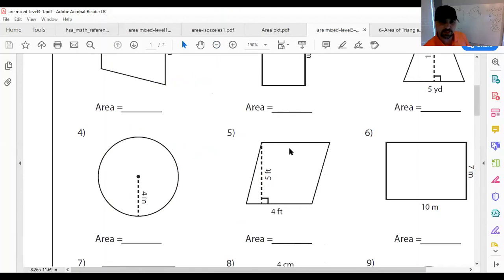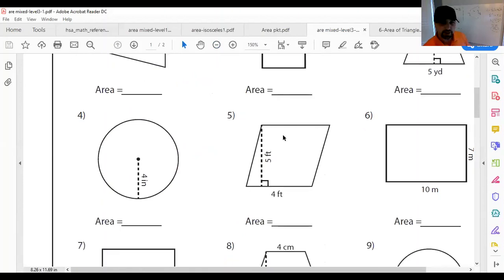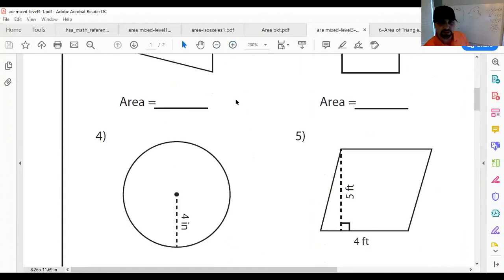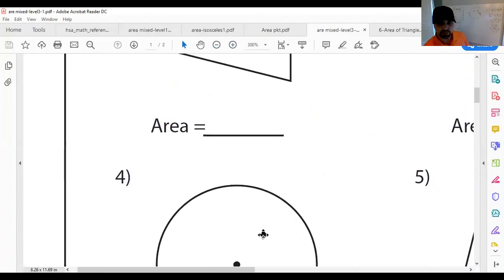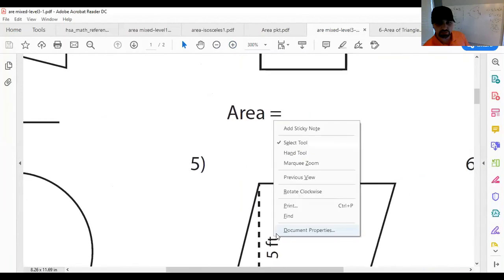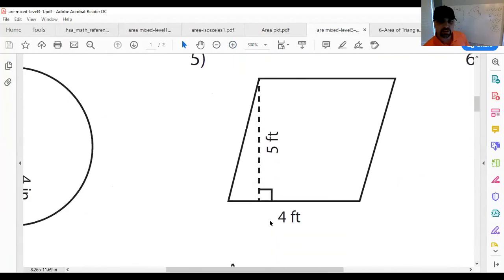Parallelogram seems like it might be difficult, but if you think about what it actually is doing here, let's take a look at that a little closer. Okay, look at this part here that we see to the left of the dotted line. What I want you to imagine is that's like a puzzle piece, okay?